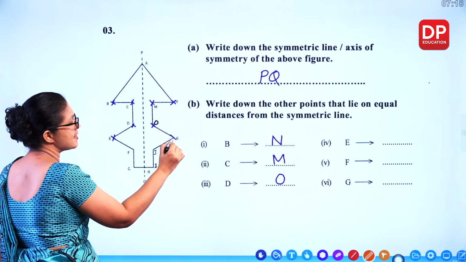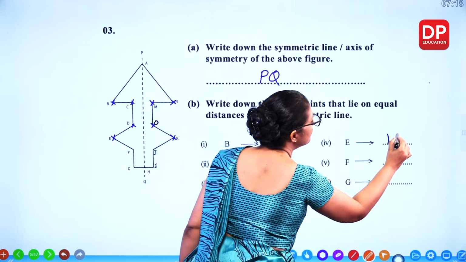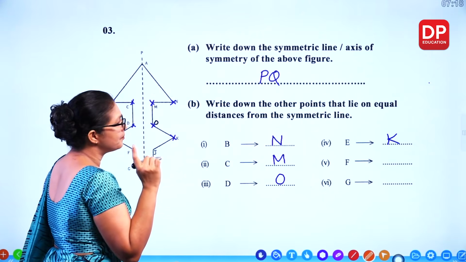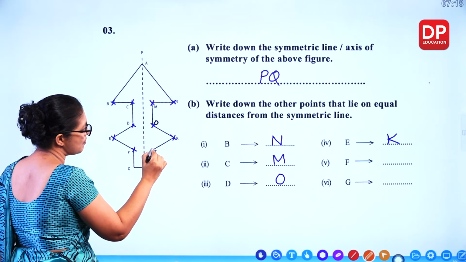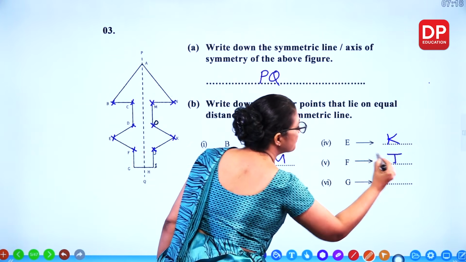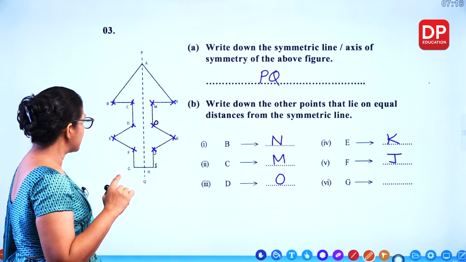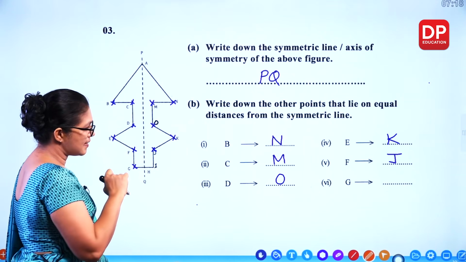So equal distance point is K. F, this is the point. Equal distance point is J. Let's take point G. What's the equal distance? That's I.